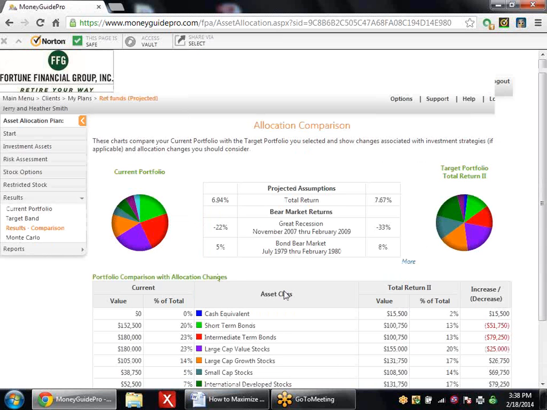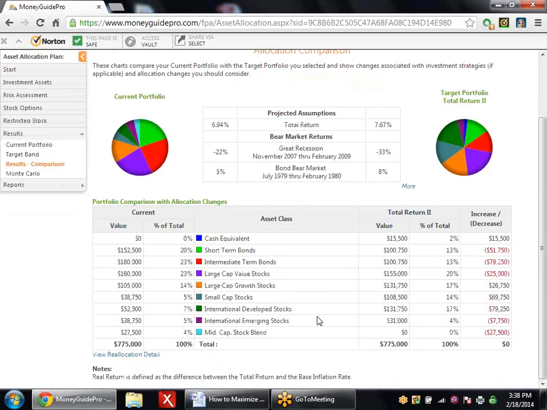A comparison on these results, or on how the money should be allocated, you'll see an increase or decrease in the different asset classes. So if you were to reallocate your portfolio and used only the answers from your Finametrica Risk Profile questionnaire, you would make the following changes there.